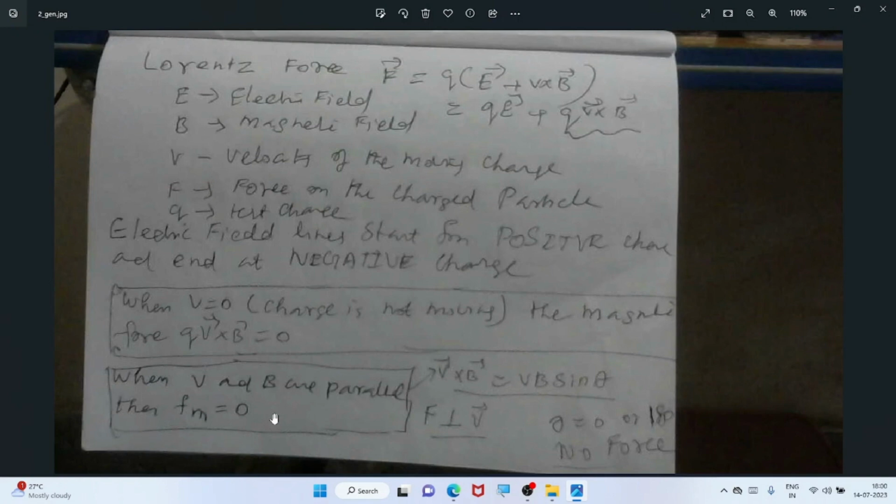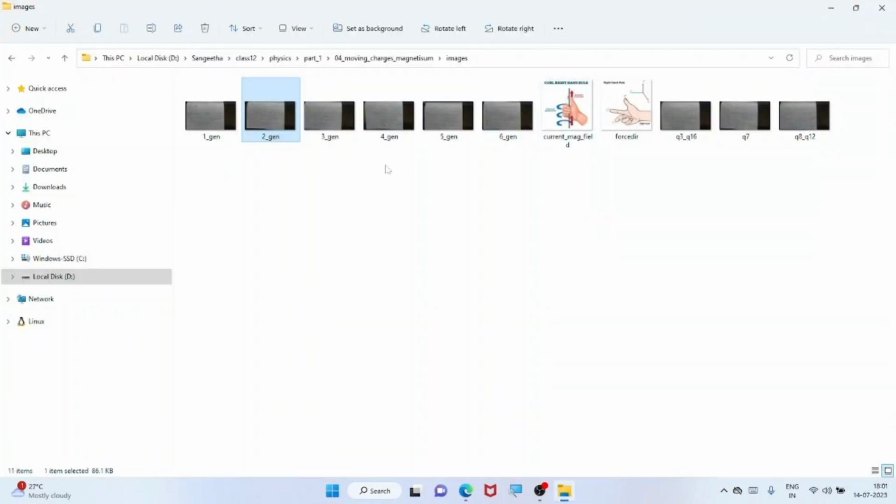When v and B are parallel, if you take the cross product, v cross B is vB sin theta. When sin theta is 0 or 180, that is parallel and anti-parallel, this becomes 0. So at that time also there is no magnetic force, that is, theta is 0 or 180.